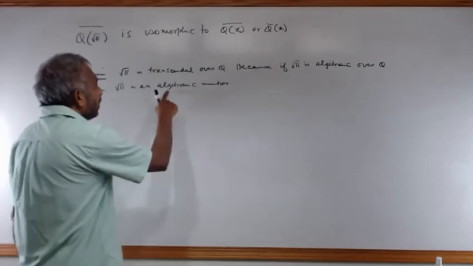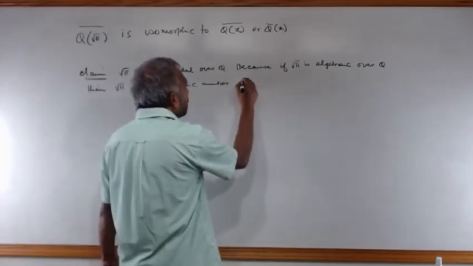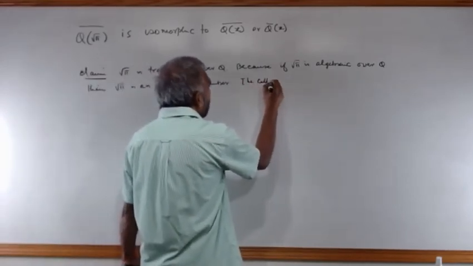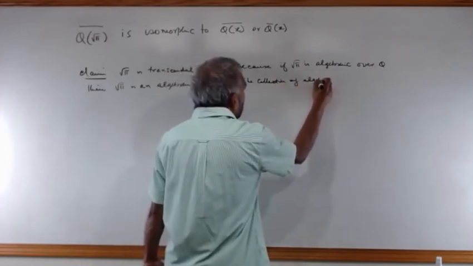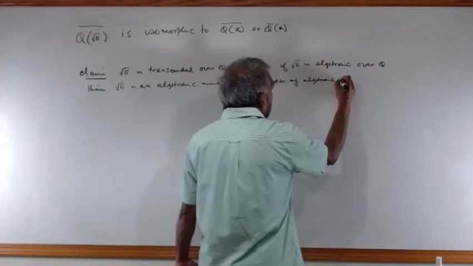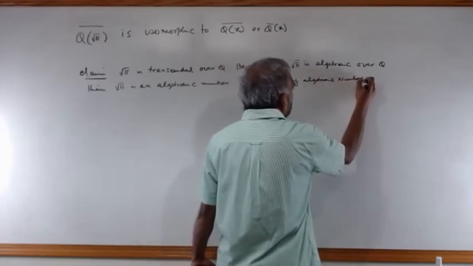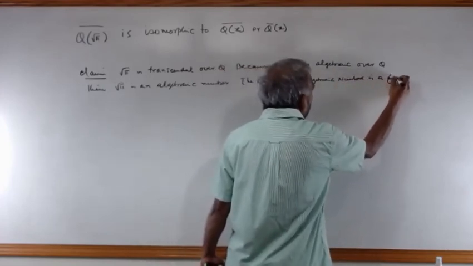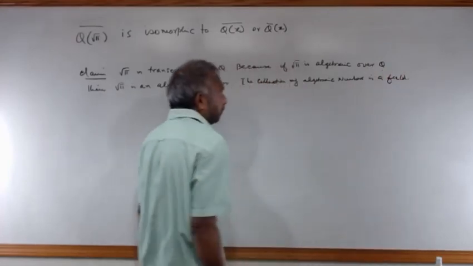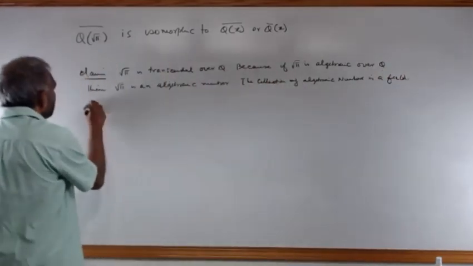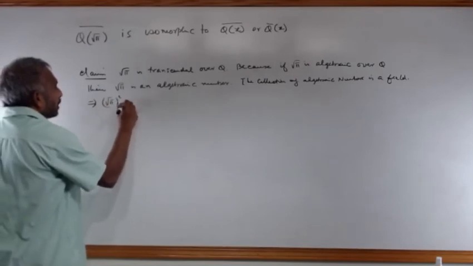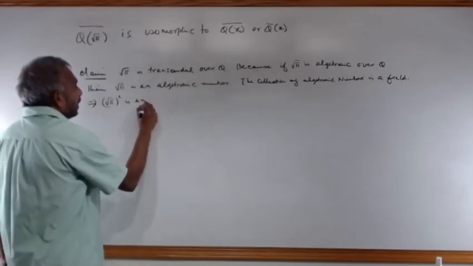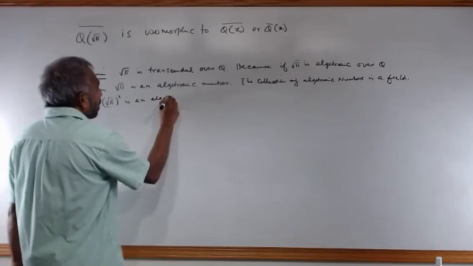And the collection of algebraic numbers is a field. That implies its square is an algebraic number.